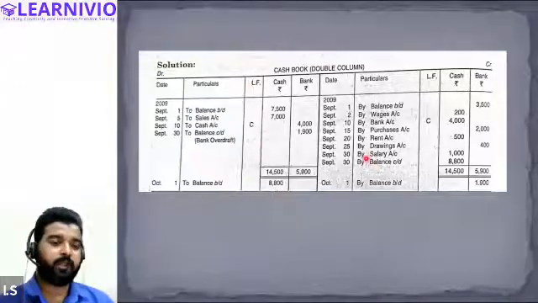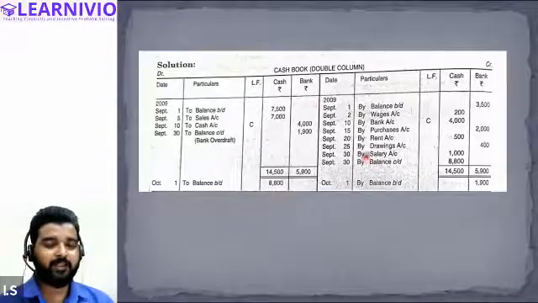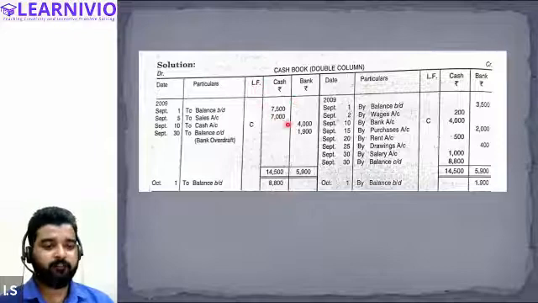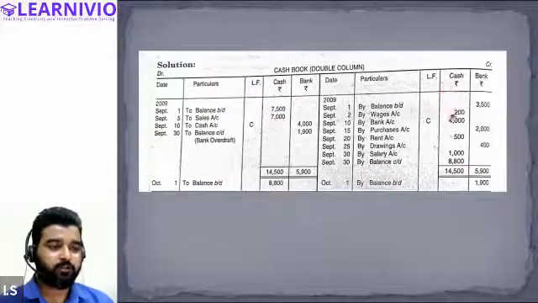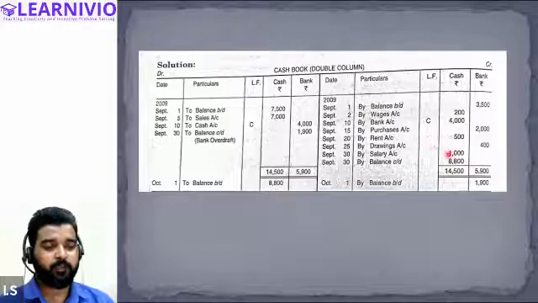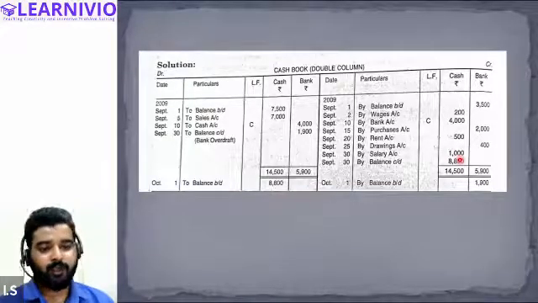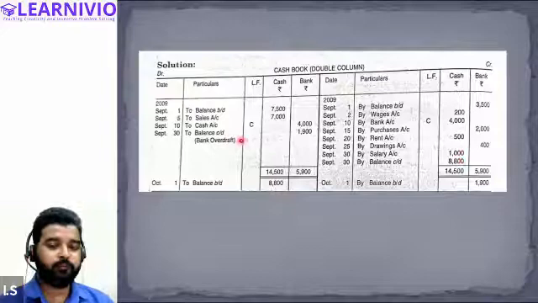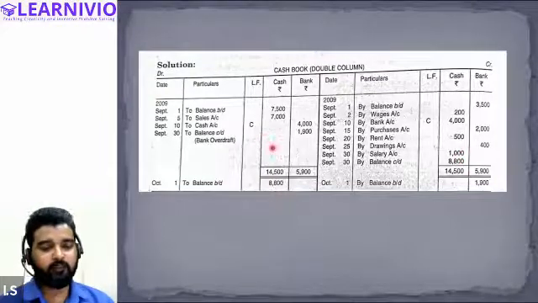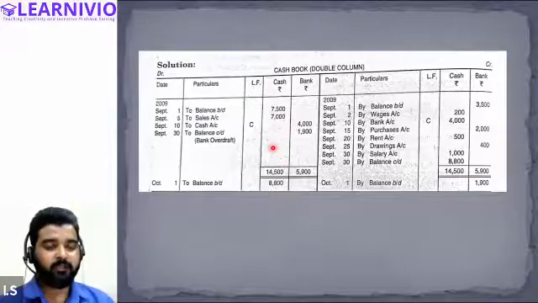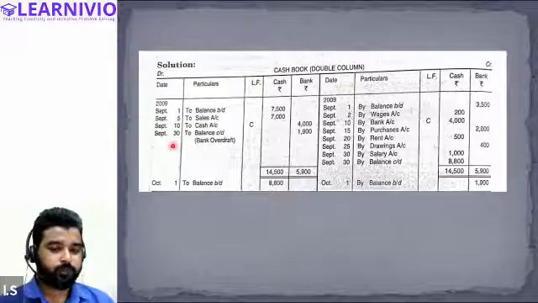In any way, cash expenditure cannot exceed the cash inflows. Hence the balance of cash can never be negative. Cash balance will either be zero or a positive balance only, but bank can be negative. So there is a possibility that bank has a credit balance, and a credit balance of bank indicates the bank overdraft. All right, everyone.